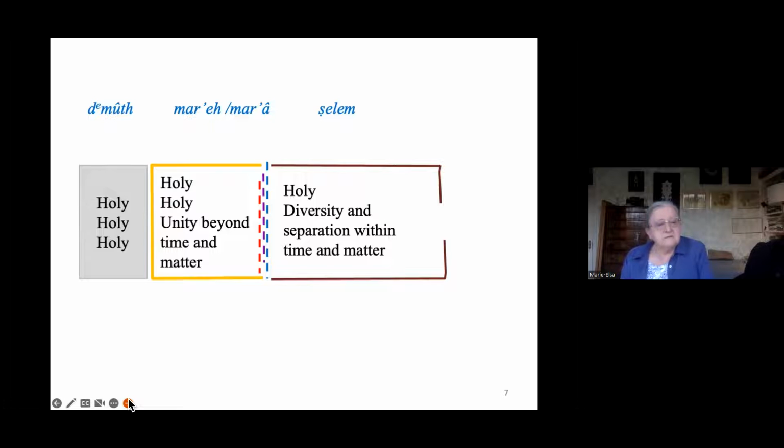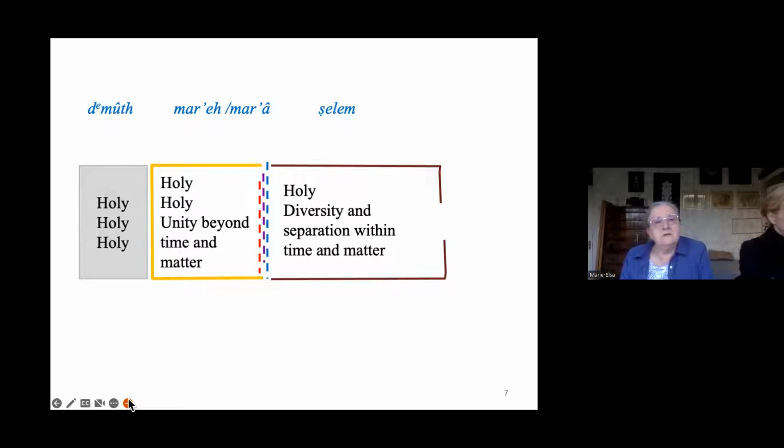Now, these 3 states correspond to the 3 degrees of holiness. And so when you are outside the temple, you have this state called holy, holy, holy. And that doesn't mean extremely holy. It means a different quality of holiness. And I'm trying not to use words that are too theologically loaded at this stage.